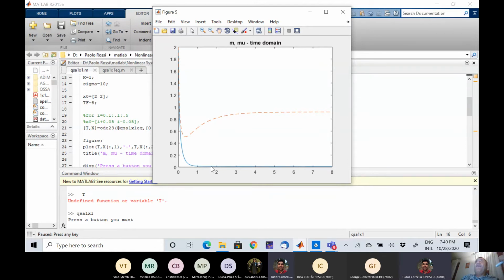If the routine feels that X is growing suddenly too fast and it cannot increase T accordingly, which is the case in finite escape time because you have a vertical asymptote, then it stops and gives you an error or a message that it cannot integrate anymore.